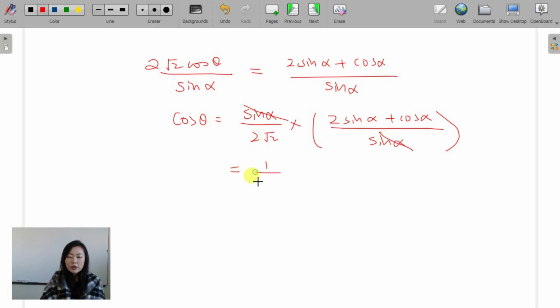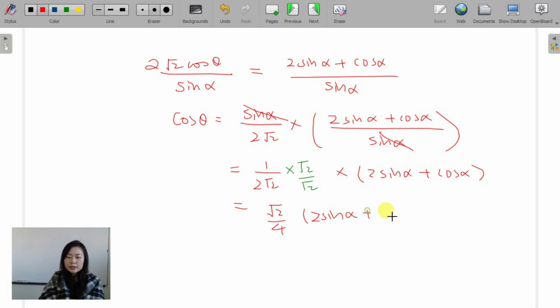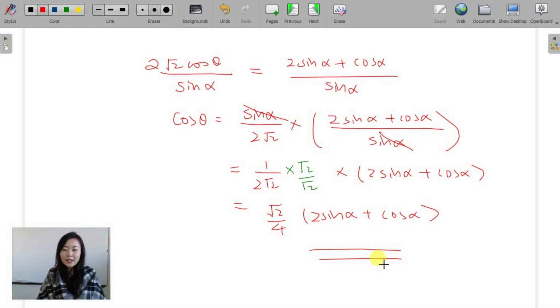And I'm going to rationalize, so that's root 2 on 4, 2 sine alpha plus cos alpha. That's it. All right, so that was the last one, very challenging.